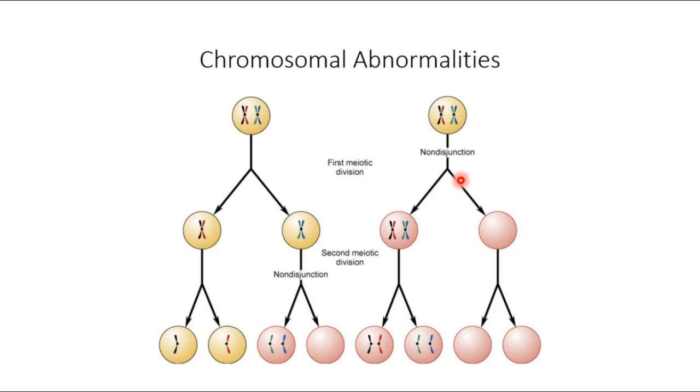That event is called disjunction. Disjunction failed. You had non-disjunction. And that means instead of having one oocyte with one copy of this chromosome and another with the other copy of this chromosome, you ended up with one oocyte with 2 copies of this chromosome and one oocyte with 0 copies of this particular chromosome.